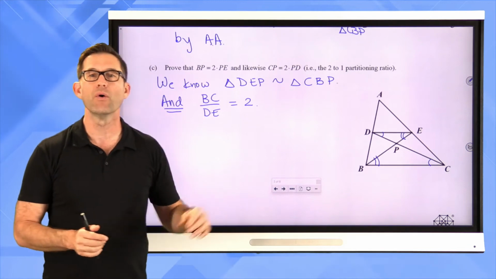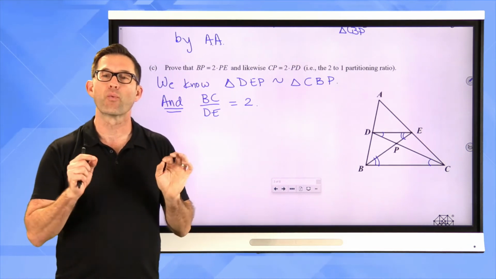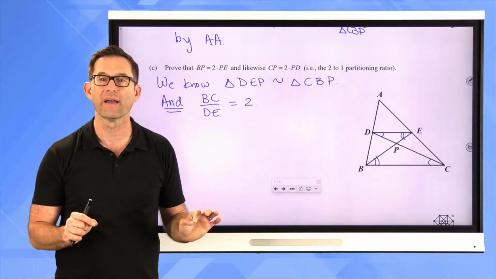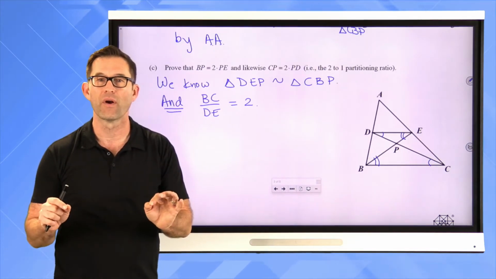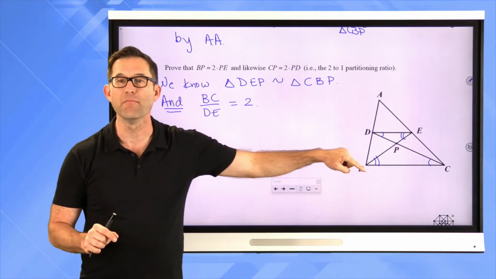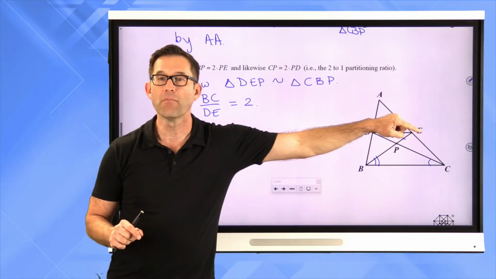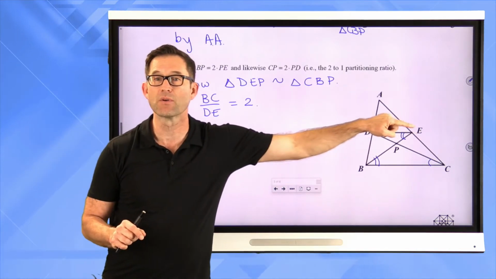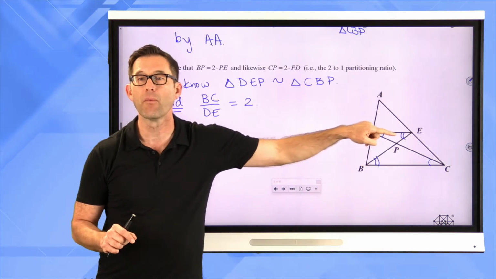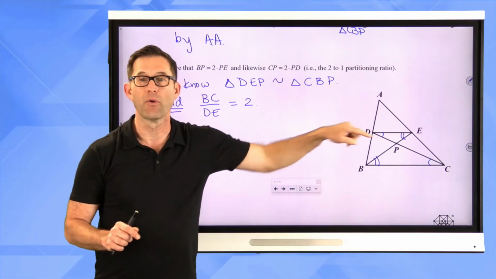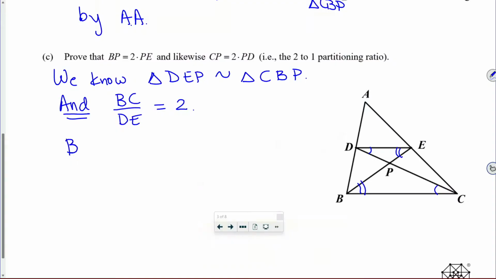But we also know that in similar triangles, the ratios of corresponding sides are equal, right? So I can say that BP divided by PE, those two sides would correspond. I'm going to go from one double arc mark to the other double arc mark. I can say that BP divided by PE is equal to BC divided by DE, right?